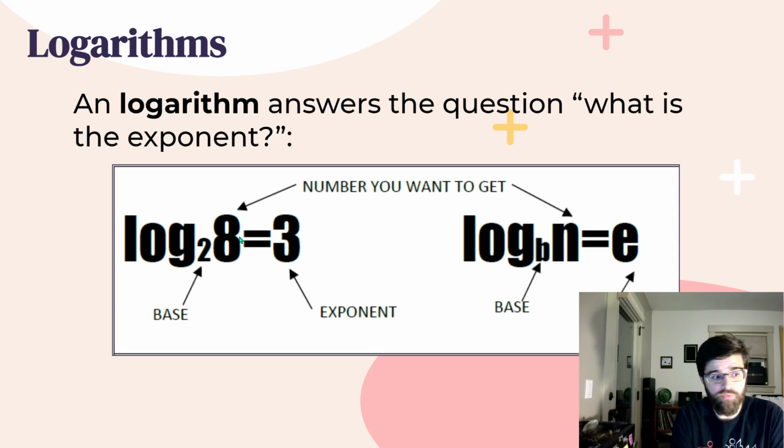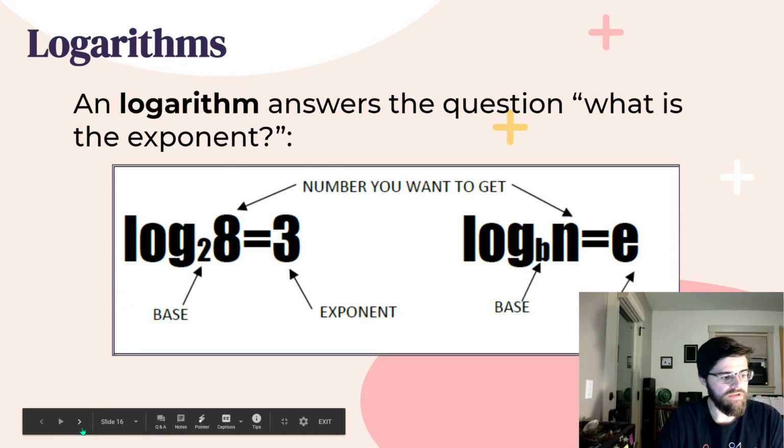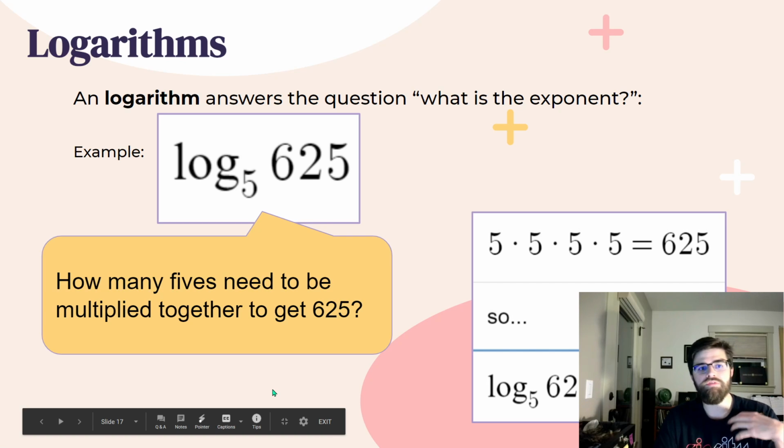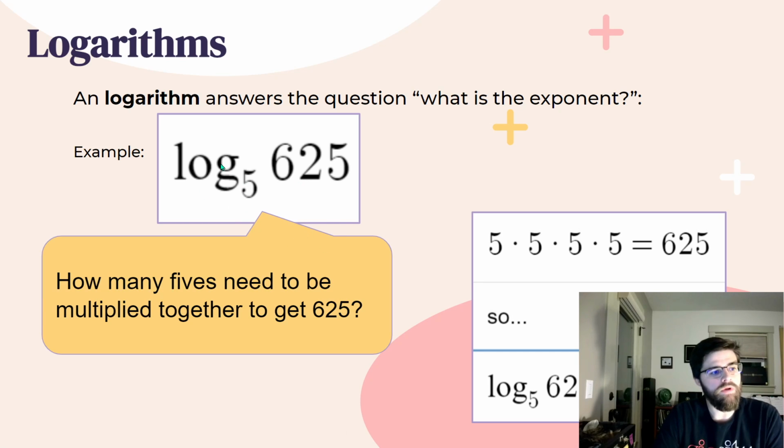We have usually the word log, and then we have some small base, which is a subscript, and then we have some number here, which is our argument, and then finally our answer. So a log essentially answers the question of what is the exponent we need. So for example, if I've got log base 5 of 625, and that's how we read it, what this log is going to tell us is how many times would I need to multiply 5 over and over and over again to get 625.